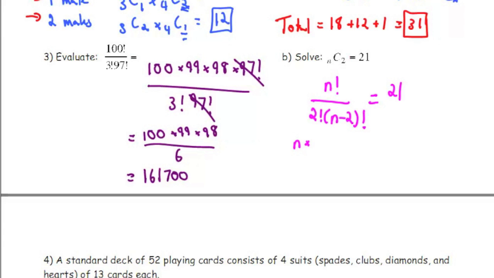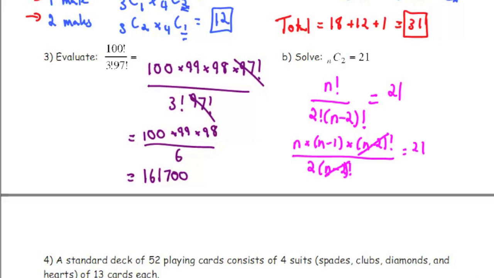Well, that doesn't really help us too much. We have a whole bunch of n's, but remember, we can take n factorial and rewrite it as n times n minus 1 times n minus 2 factorial, and all that is divided by 2 factorial, which is just 2, times n minus 2 factorial. Well, that's all equal to 21.